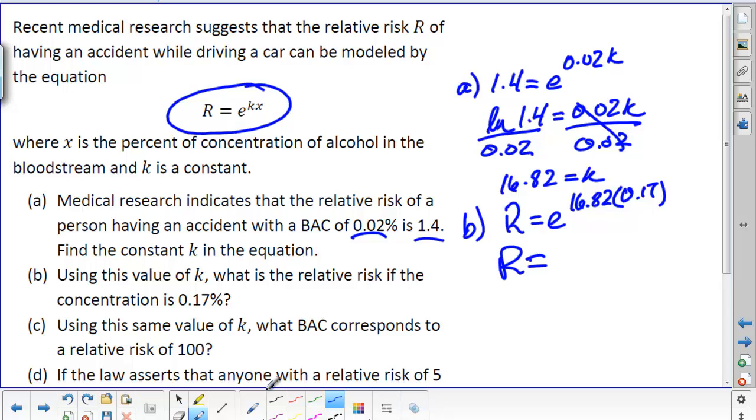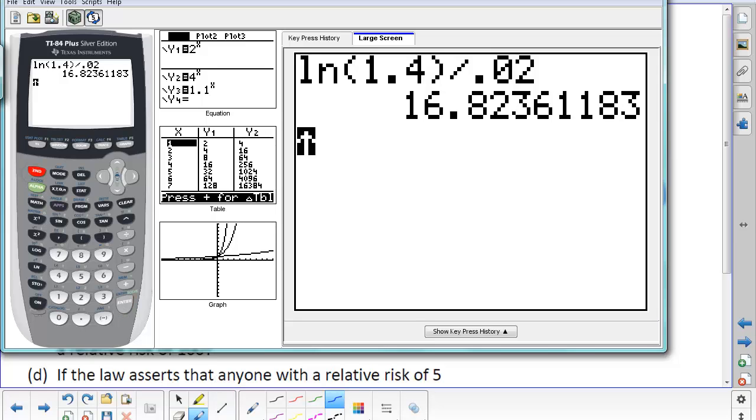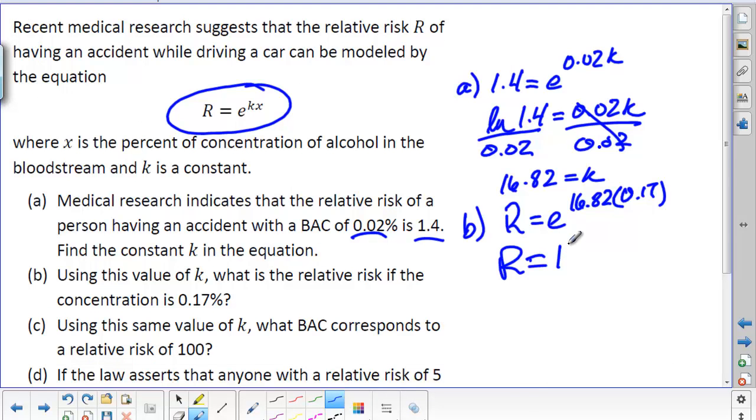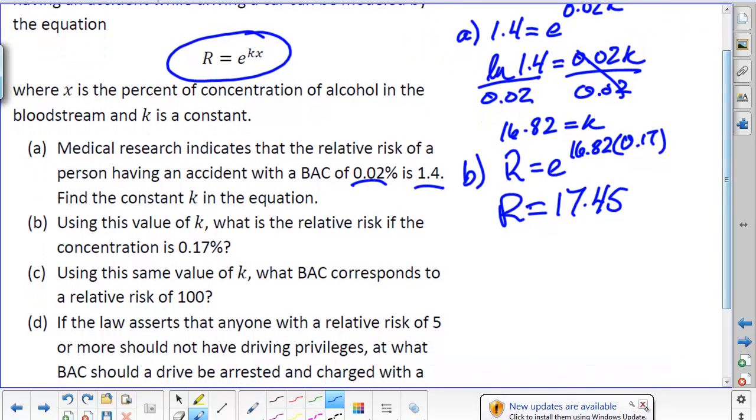So we just need to know what this value is. e to the 16.82 times 0.17, we get 17.45. All of a sudden that person is 17.5 times as likely to have an accident. Okay, makes sense. Said it would be higher.